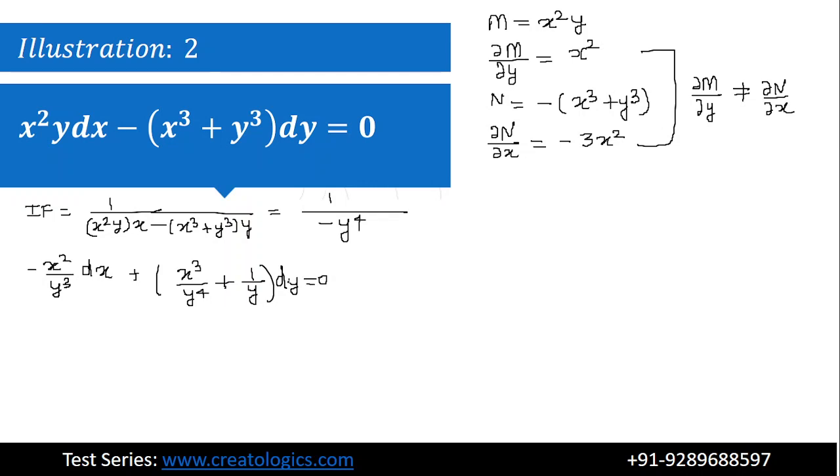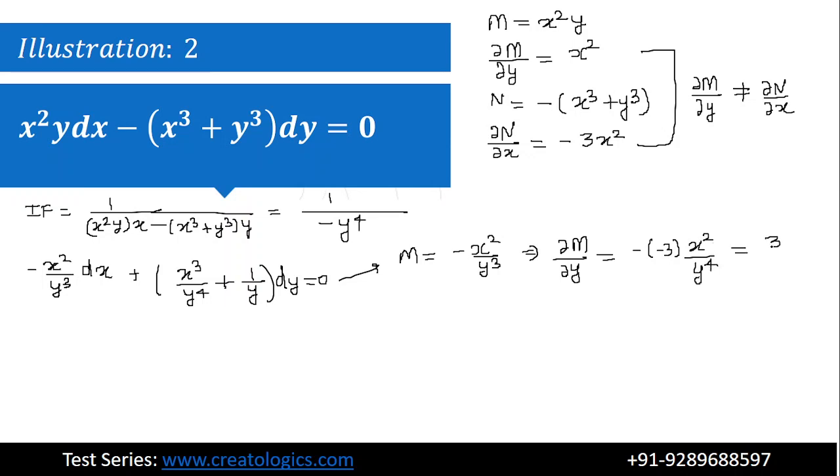Let's check whether this time it is an exact differential equation or not. From here you can see your new M will become minus of x square over y cube, and partially differentiating with respect to y, minus 3 will come out and you get x square over y raised to the power 4.